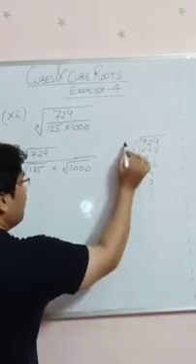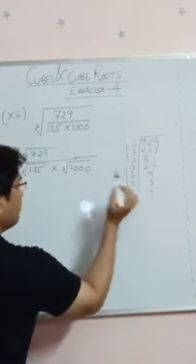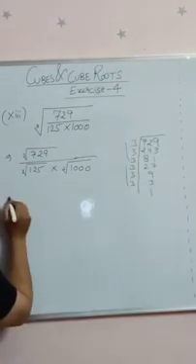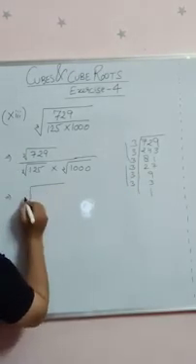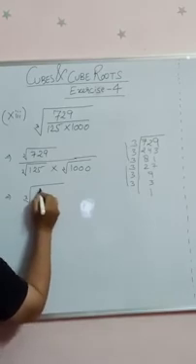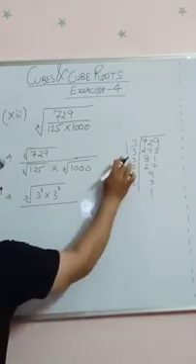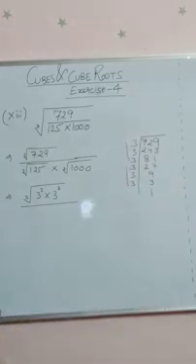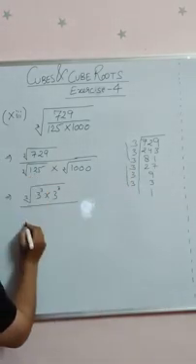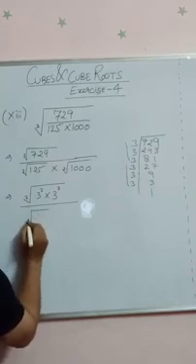Making the triplets of the factors, we have the first triplet and the second triplet. So the numerator can be replaced as the cube root of 3 cube into 3 cube, because we have got two triplets. Similarly, in the denominator, in the previous question we have found it, so I am not going to find the factors again.